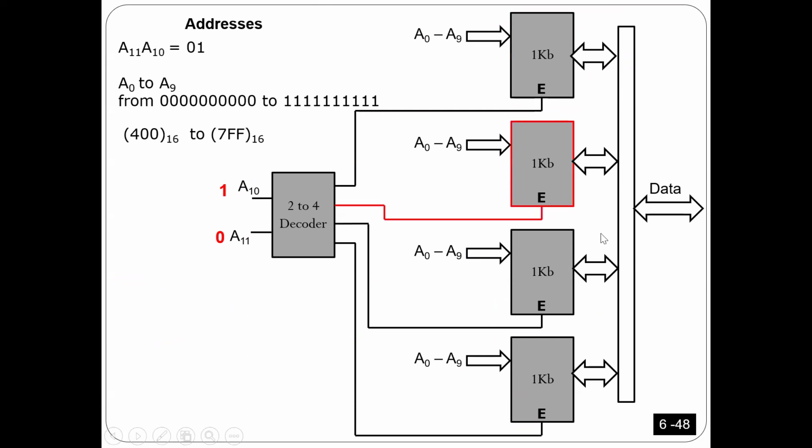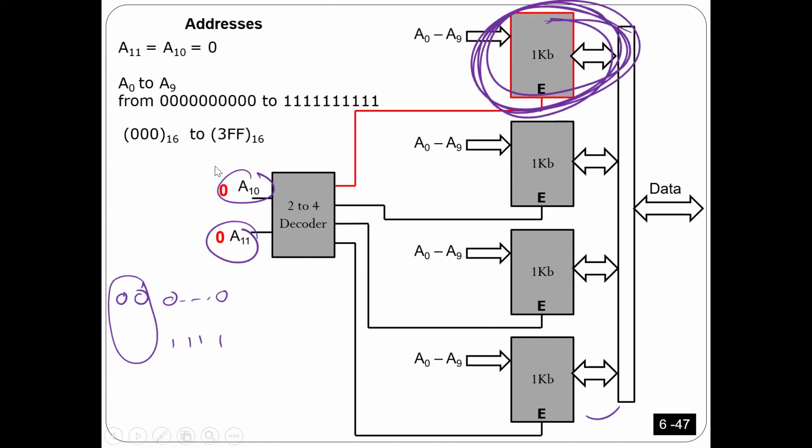Same thing for the second one. It has to be 0, 1. These 2 bits are common for all of its addresses. And then, what is the first address and what is the last address? It should be from 9 zeros until 9 ones. And if you see here, you will feel they are consecutive.